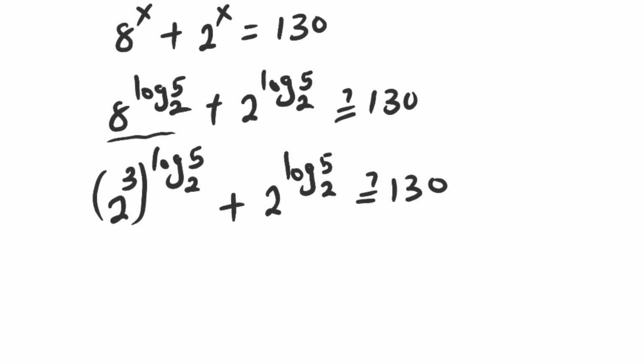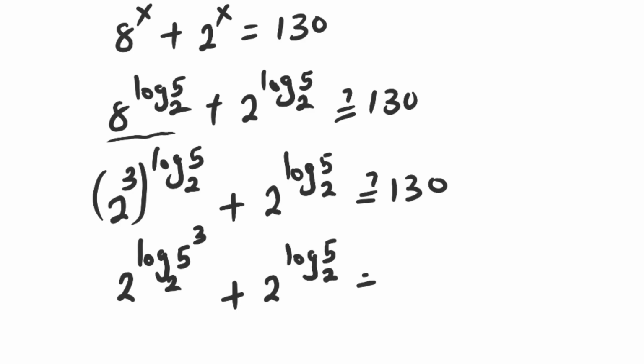Now here, this can be written as 2 raised to power log 5 raised to power 3 base 2 plus 2 raised to power log 5 base 2 must be equal to 130. Take note of this: if you have a raised to power log b base a, this is equal to b.